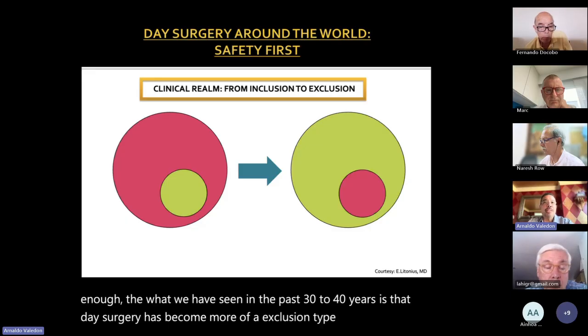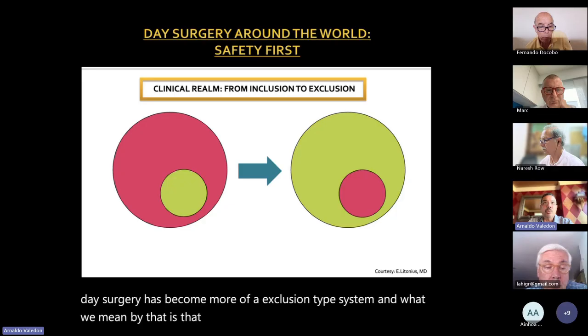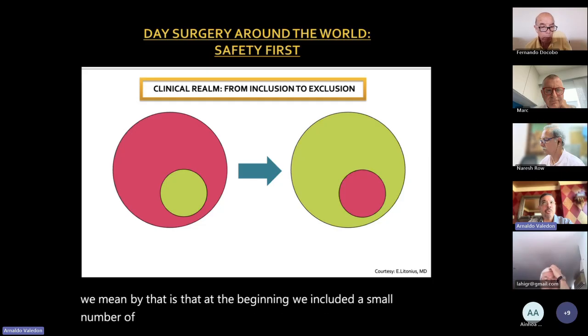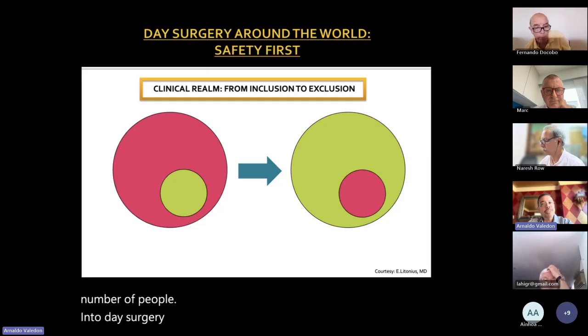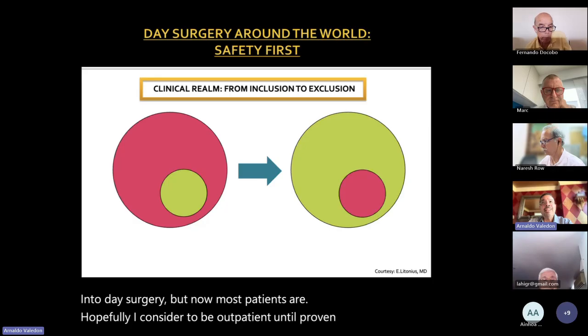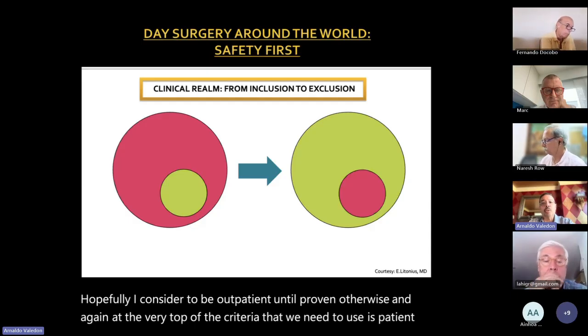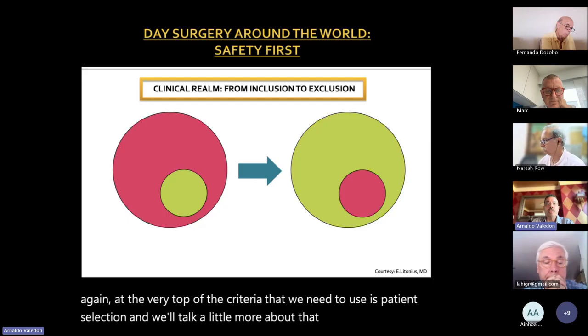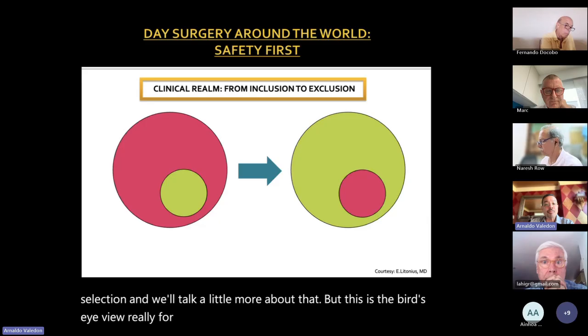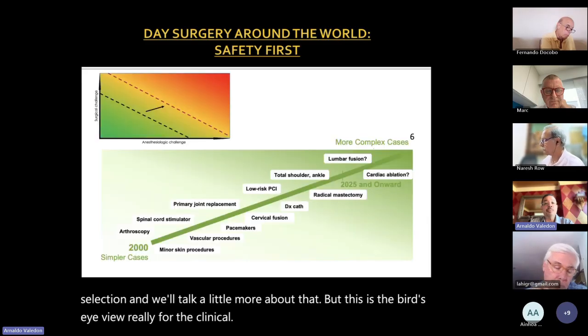And what we mean by that is that at the beginning, we included a small number of people into day surgery, but now most patients are hopefully considered to be outpatient until proven otherwise. And again, at the very top of the criteria that we need to use is patient selection, and we'll talk a little more about that. But this is the bird's eye view, really, for the clinical realm of day surgery.